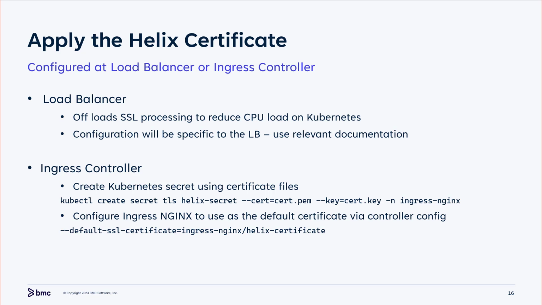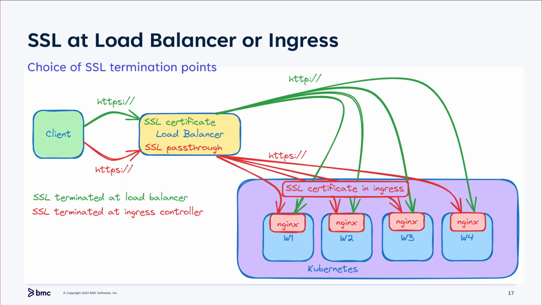There's a particular certificate configuration item that you need to add to the controller config to tell it which certificate to use. It's technically possible to configure each ingress to use a different certificate. That's not a method that's used with Helix at the moment, which is why we rely on the default SSL certificate.